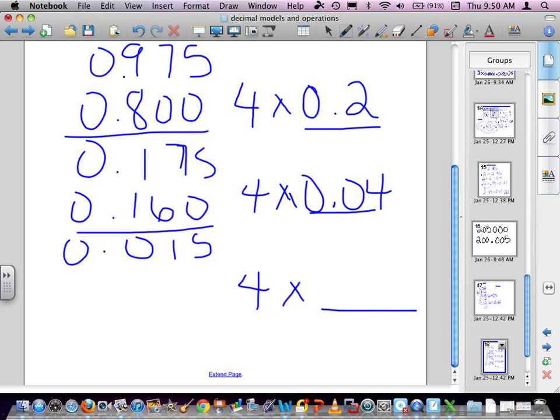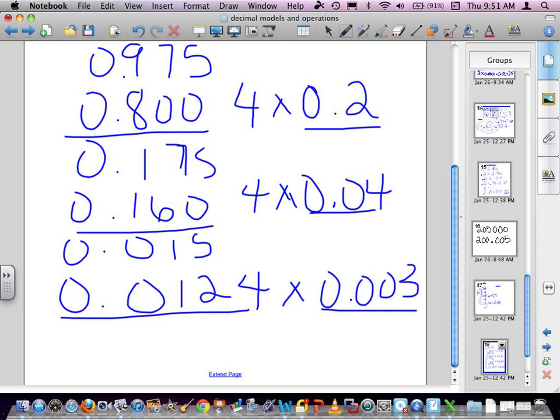3 thousandths gives me 12 thousandths, left with 3 thousandths. $3 divided into quarters.